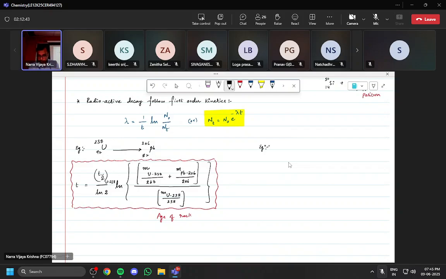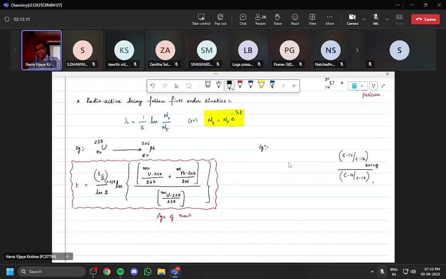Correct or not? So I am writing C14 to C12 ratio in living upon C14 to C12 ratio in dead or wood. Or as long as it is alive, we call it as tree, man. When it is dead only, we call it as wood.